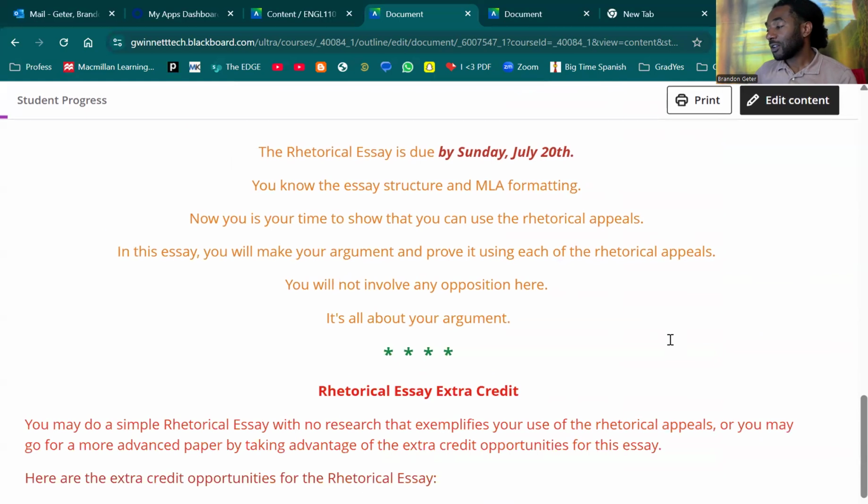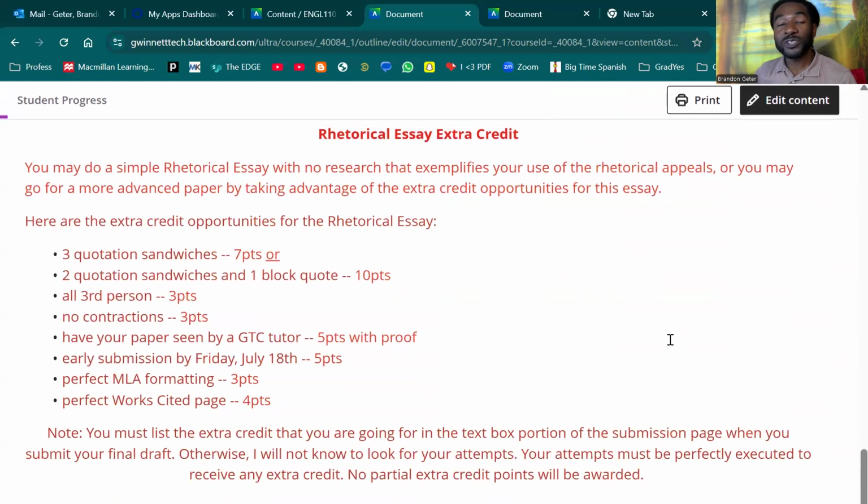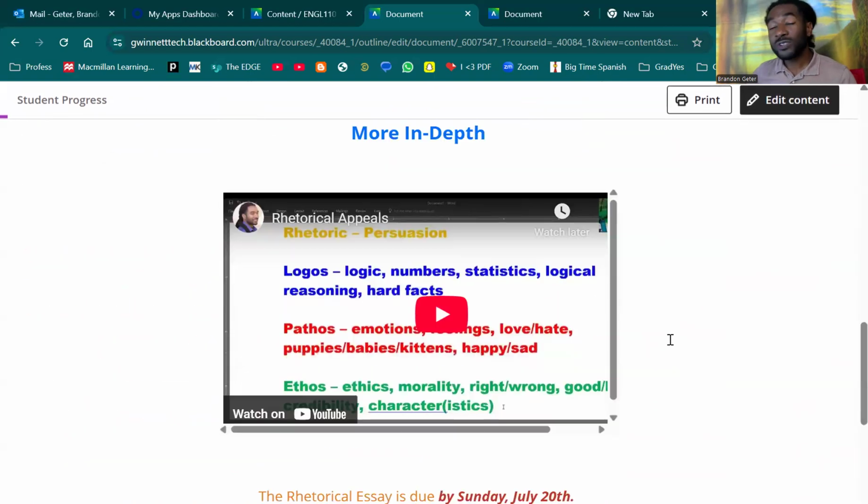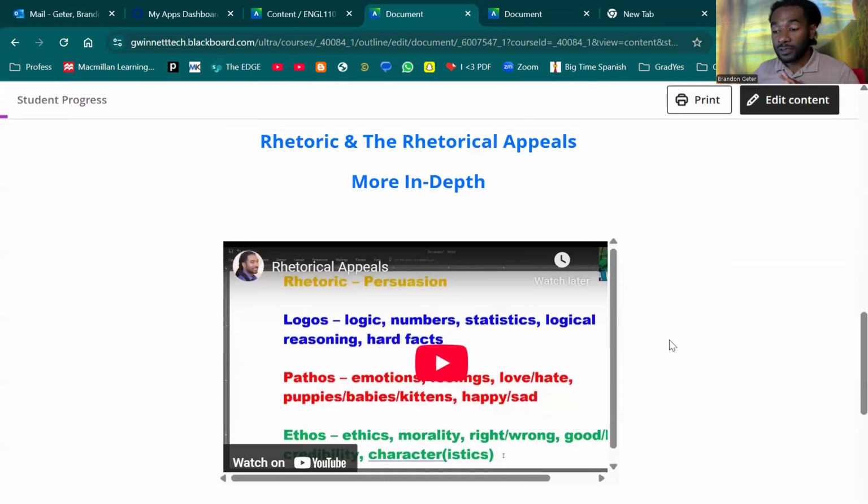And when you're ready, I just want you to know there's no rough draft for this essay. So as soon as you're ready, do your pre-write. Jot down an outline, or do a free write, or do a list of how you're going to set out this essay. Some things you might talk about in each body paragraph. How the topic sentences are going to exemplify the rhetorical appeal that you're going for in that body paragraph.